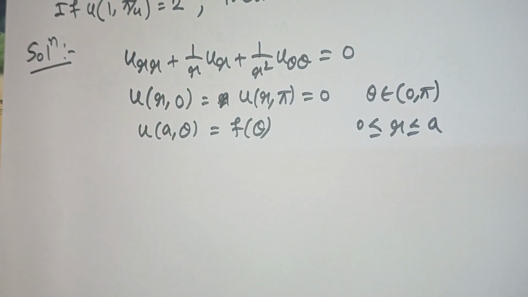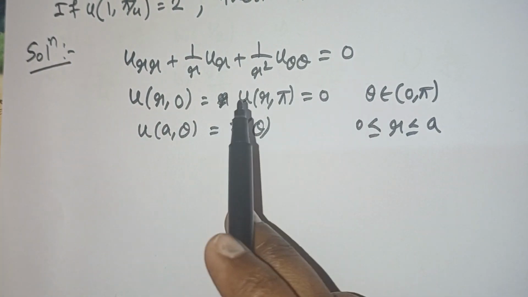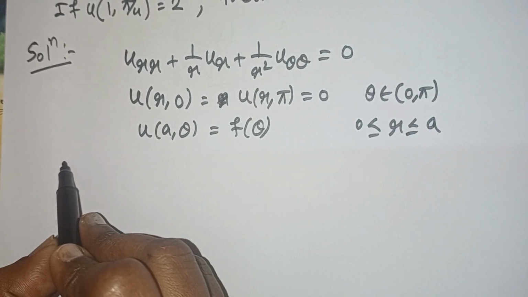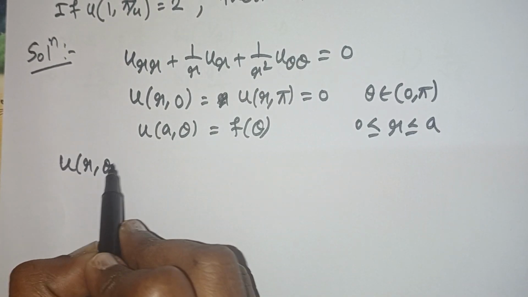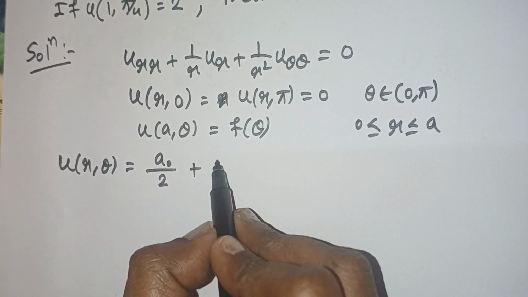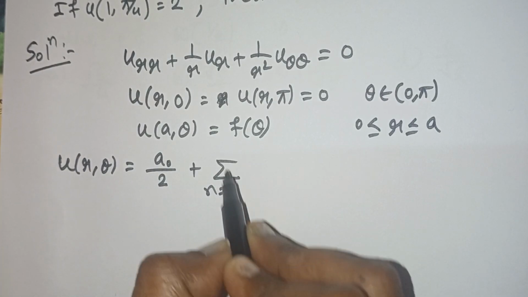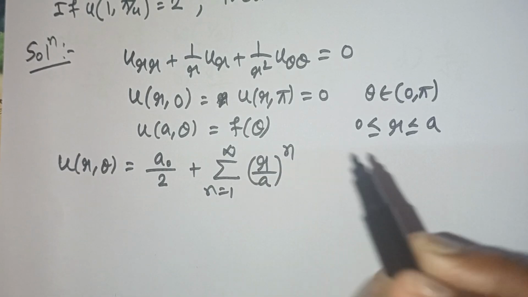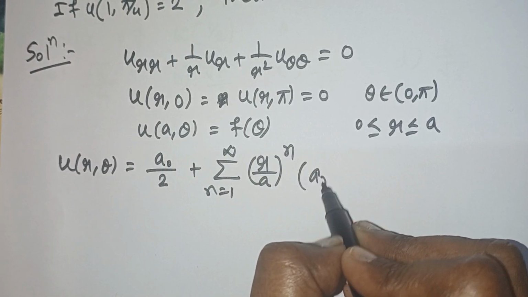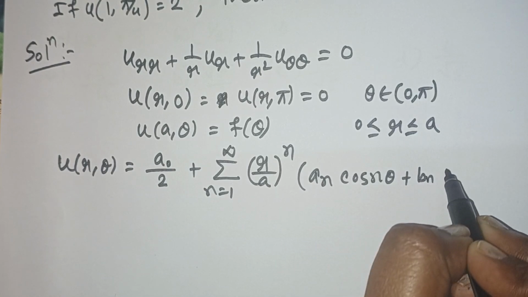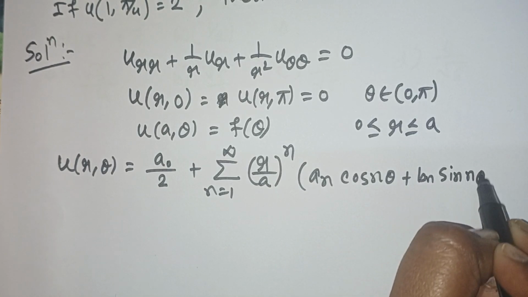Now we know that the solution of this Laplace equation in polar form is u(r, theta) equals a0 by 2 plus summation n equals 1 to infinity (r by a) power n times (an cos n theta plus bn sin n theta).